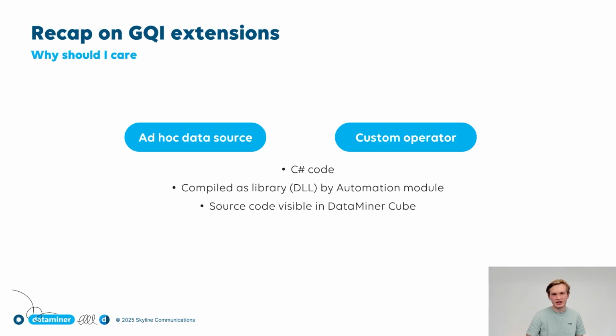Well, we have two types of extensions, which both achieve about the same purpose, but for something different, being allowing users to create their own systems, their own code to run as part of the GKI system, being ad hoc data sources for data sources and custom operators for operators. Both are created using C#, and they are compiled as part of the automation module, which also is used for automation scripts and such.